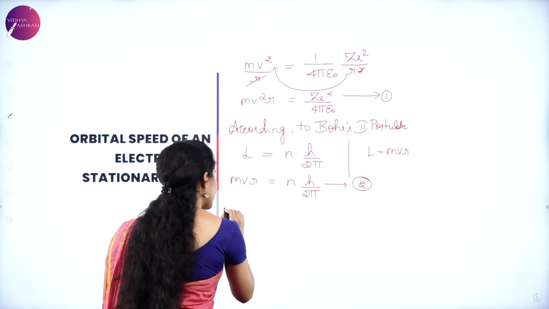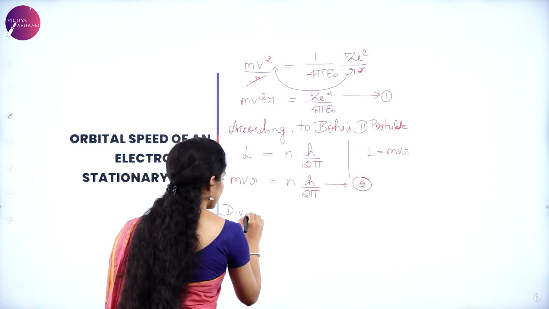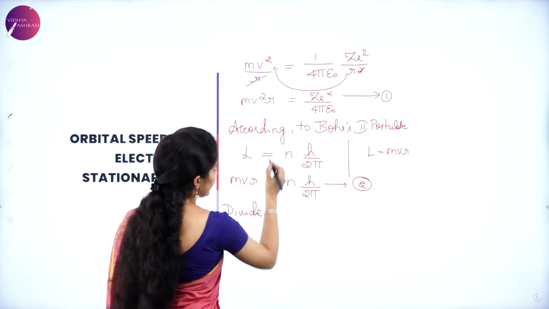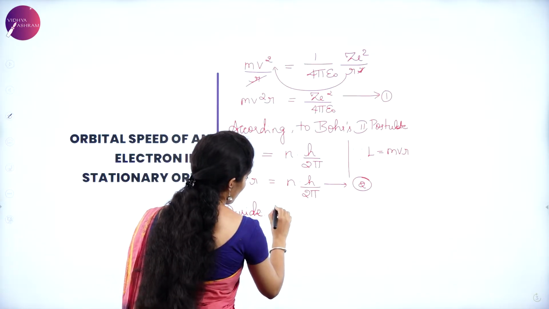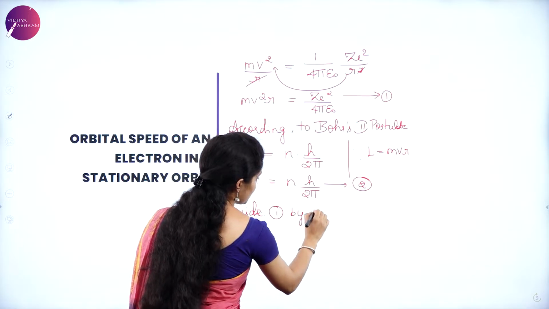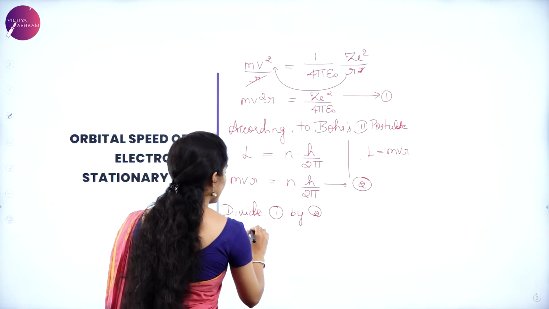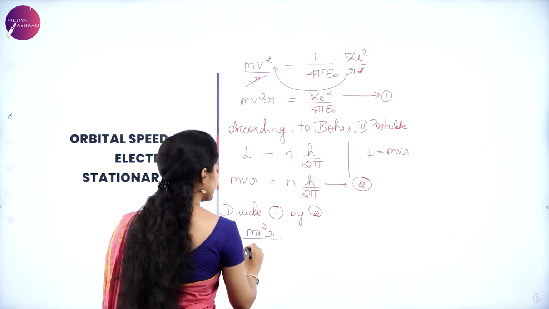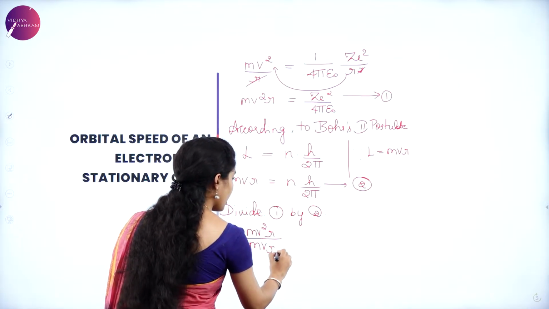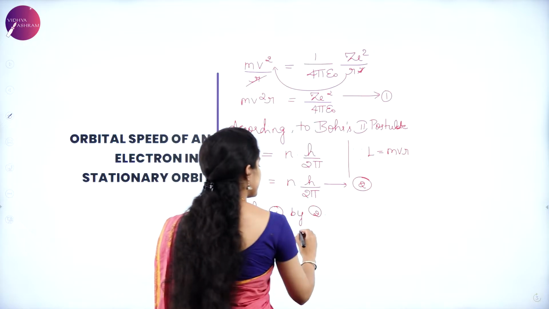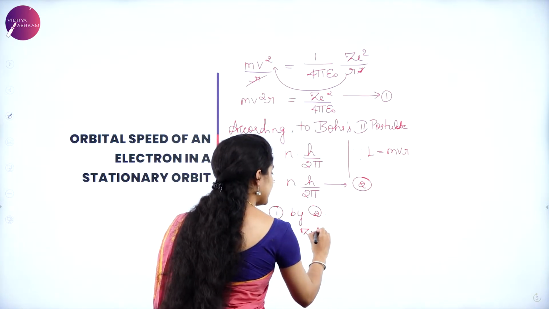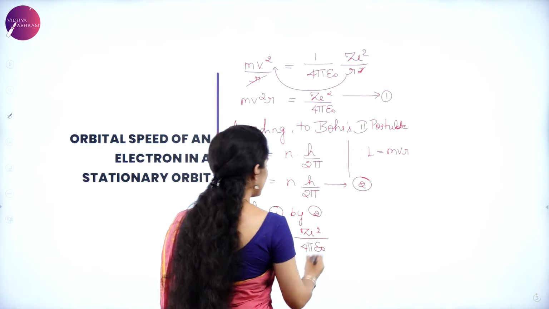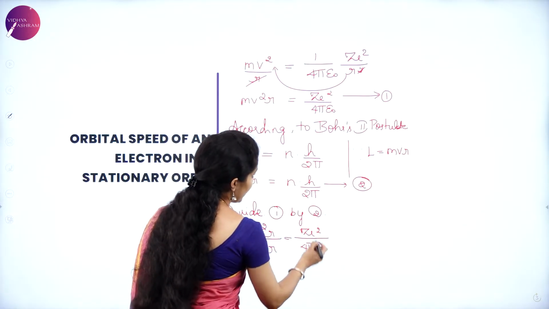So, now divide equation 1 by 2, we have mv square r divided by mvr is equal to ze square divided by 4 pi epsilon naught, and we are dividing this.